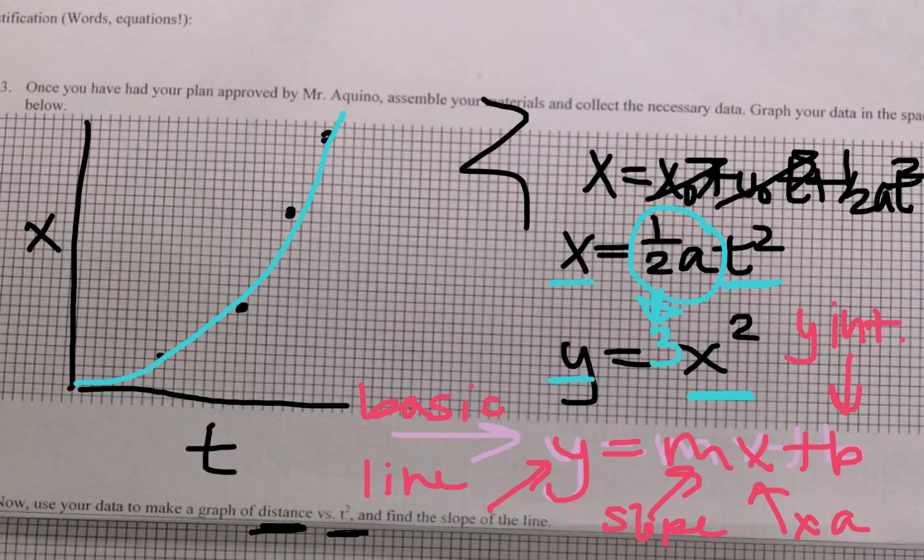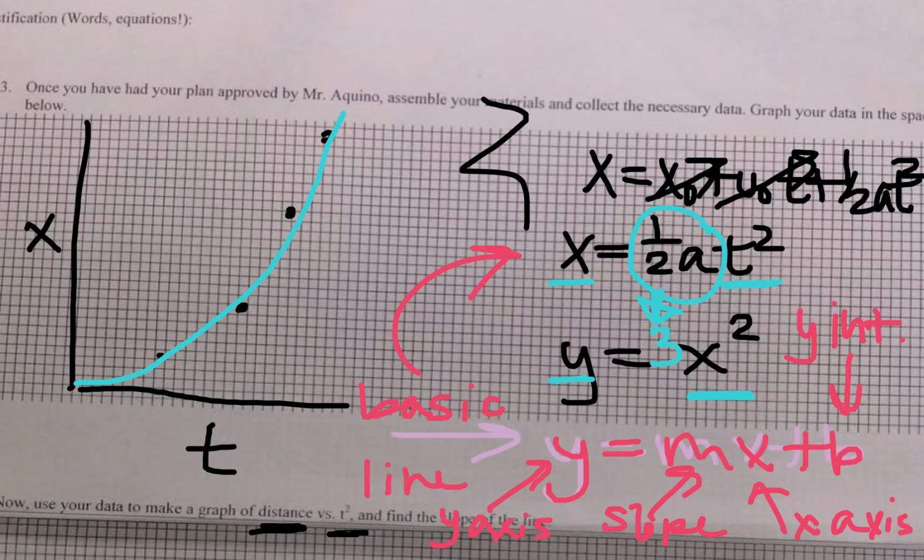So this is your x-axis, this is your y-axis. So we want to make this into a line. So we want to make it look like y equals mx plus b.